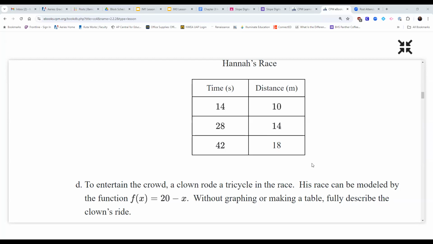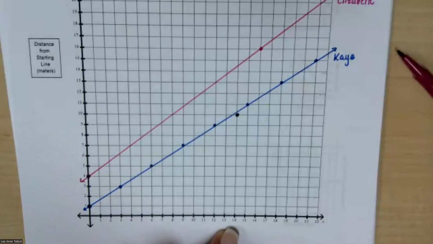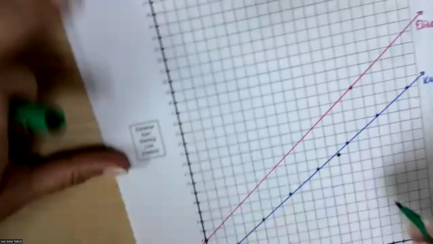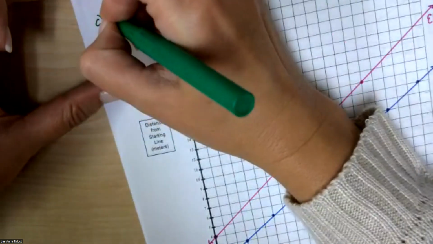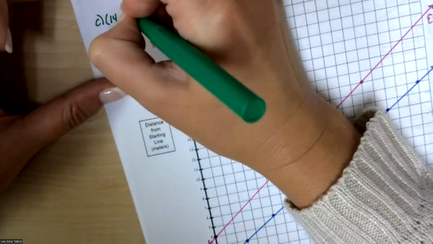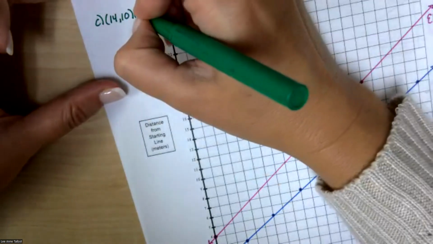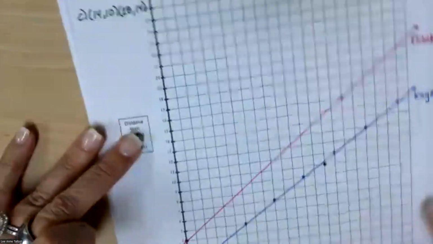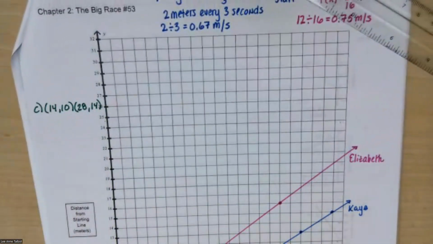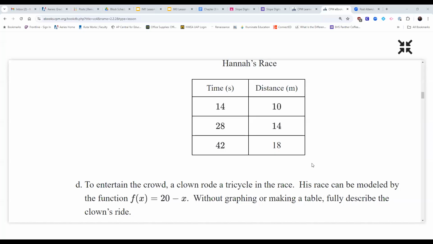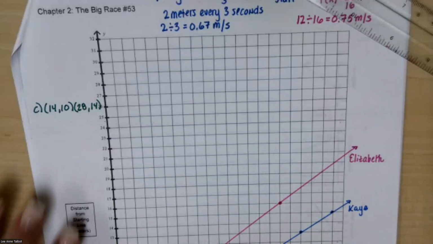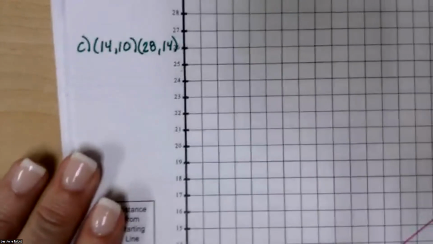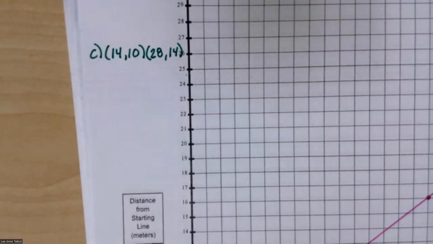Okay, so what I want you guys to do is over here, 14, 10 and 28, 14, I believe it was. Yeah. Okay, now pretend you're doing the slope puzzle or the slope digital escape. What should I do?